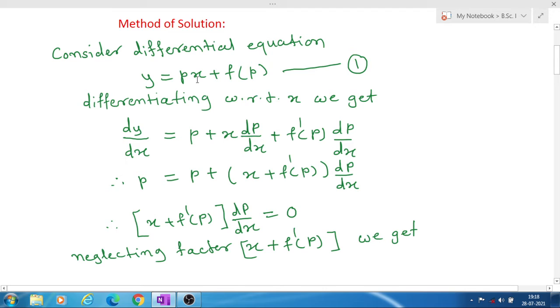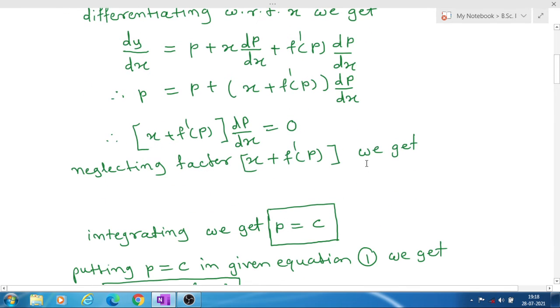Thus derivative of p into x is p plus x into dp by dx plus derivative of f of p. Since it is a function of p, we take derivative of this function with respect to p first and then multiply by derivative of p, that is dp by dx. So derivative of f of p is f dash p into dp by dx.